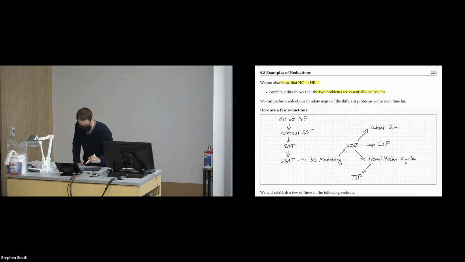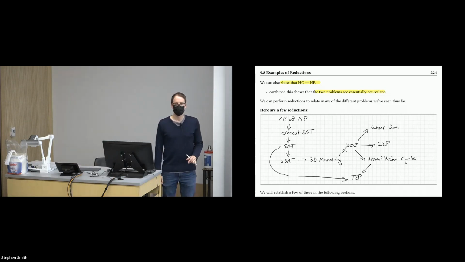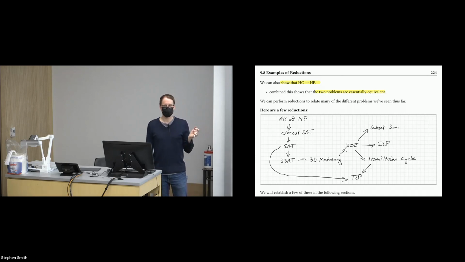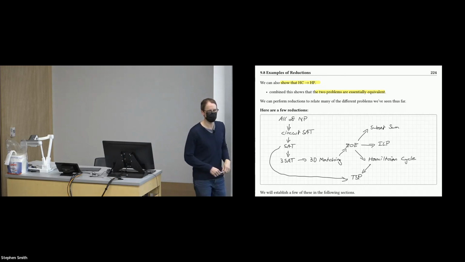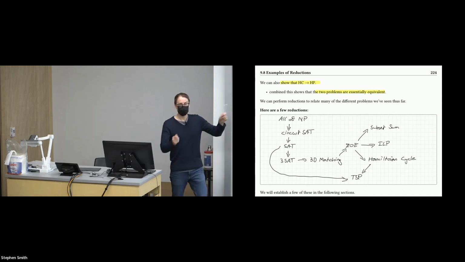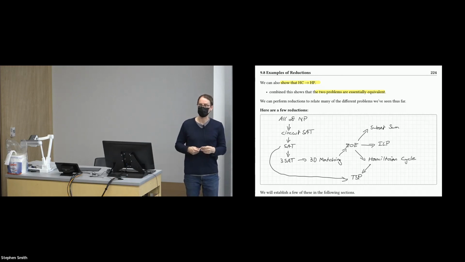So another one that we're going to show is that SAT, for example, can be reduced to TSP. Not quite, we'll actually reduce it to directed Hamiltonian cycle, but that will then give a reduction between those ones. And so actually between any pair of these, there's a reduction. These are all NP complete problems.